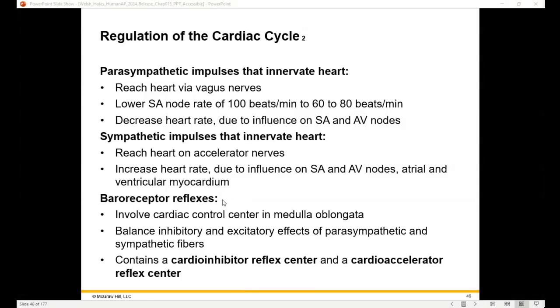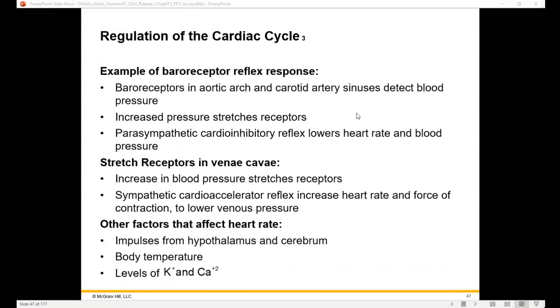Baroreceptor reflexes involve the cardiac control centers in the medulla oblongata. They balance inhibitory and excitatory effects of the parasympathetic and sympathetic fibers, and this contains a cardio-inhibitory reflex center and a cardio-acceleratory reflex center. An example of the baroreceptor reflex response is when the baroreceptors in the aortic arch and the carotid artery sinuses detect blood pressure.